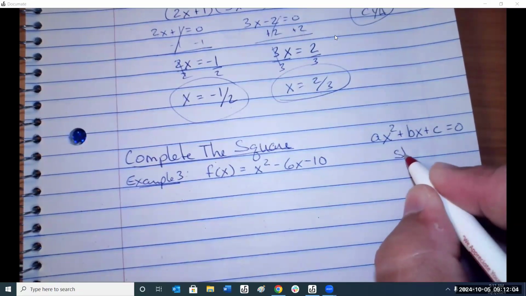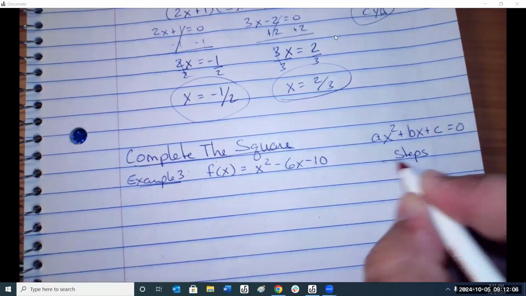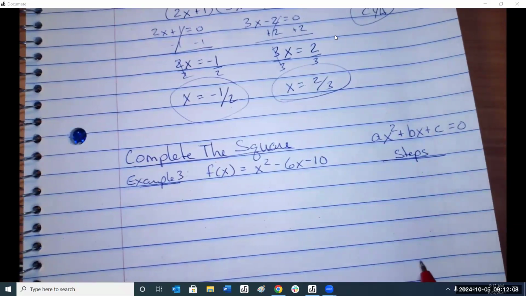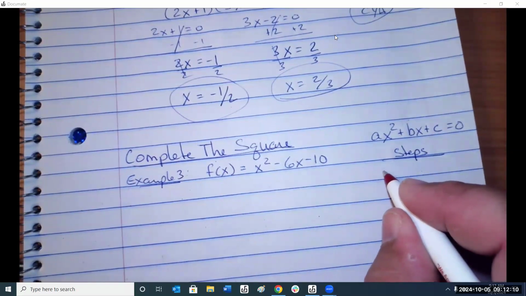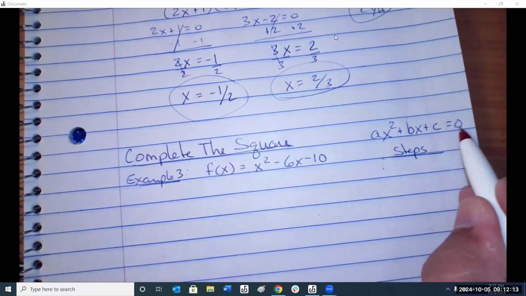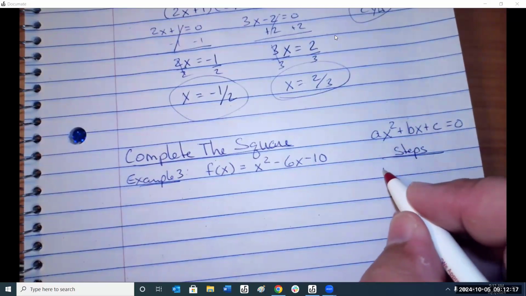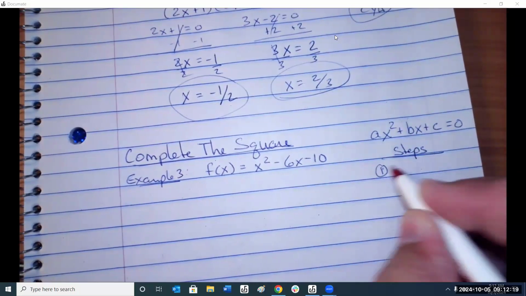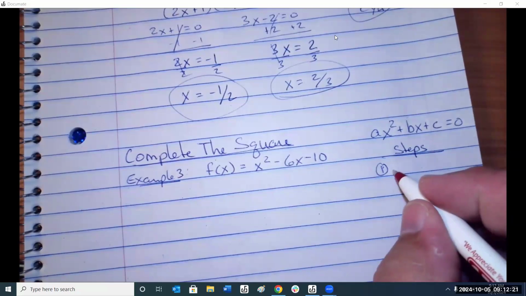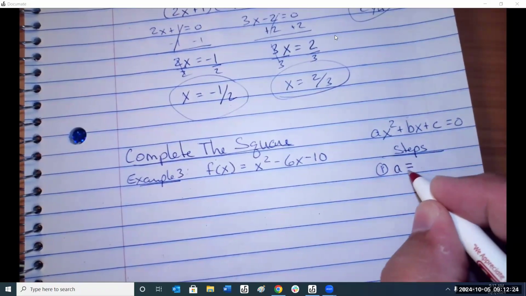So here are our steps. Again, it has to be an equation, it has to be set equal to 0. First step, a has to equal 1.